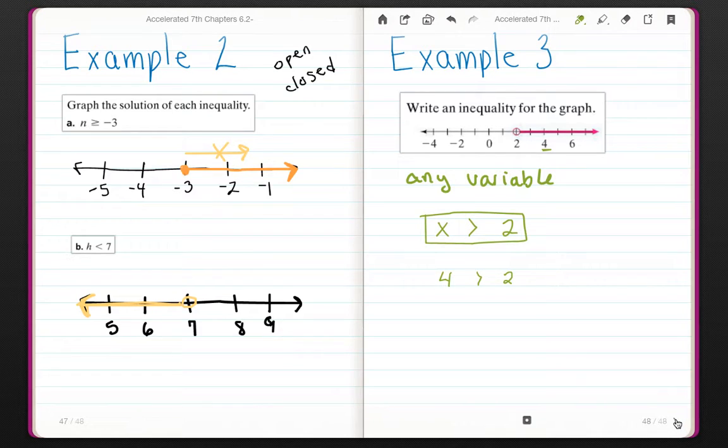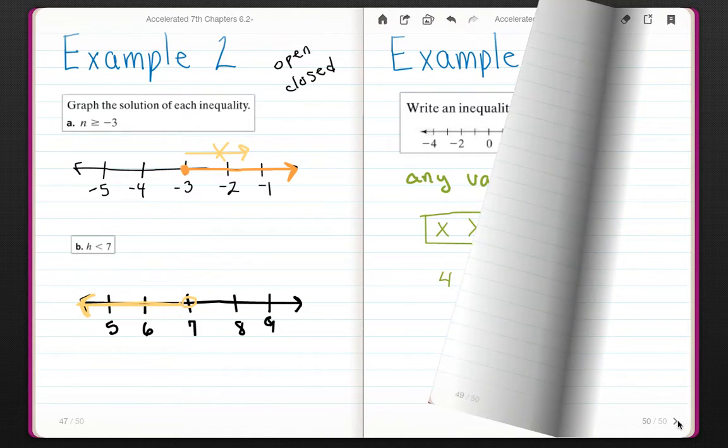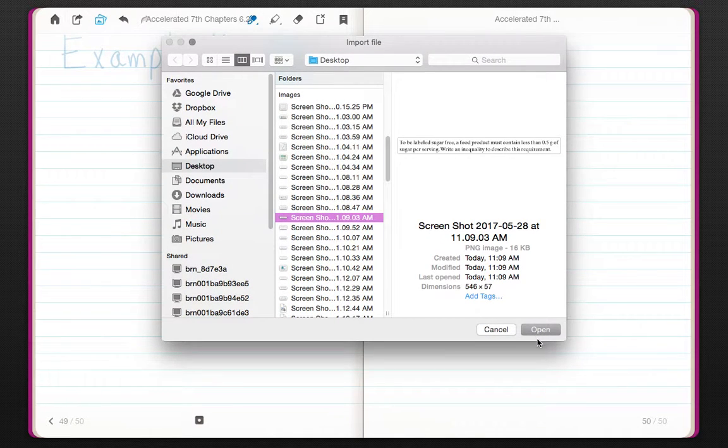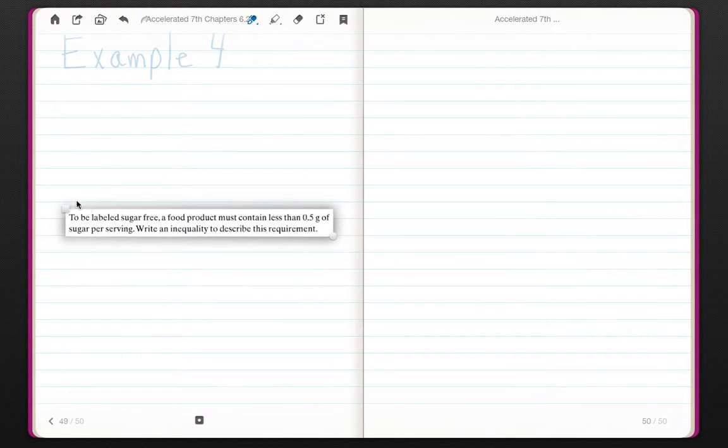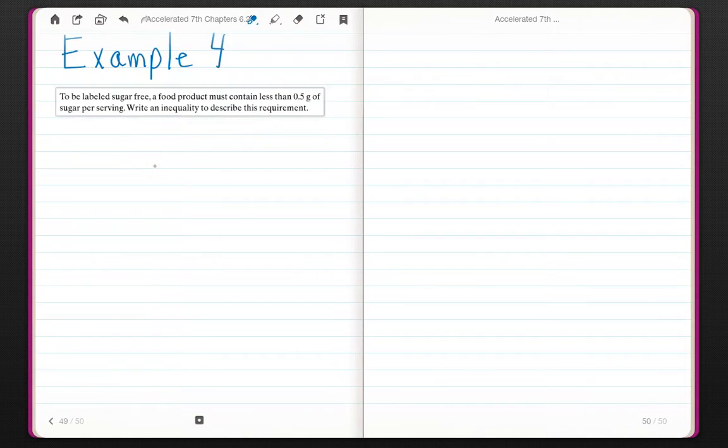I think we actually have another example here. Example 4, which I skipped, so let me make that for us really fast. Example 4. To be labeled sugar-free, a food product must contain less than 0.5 grams of sugar per serving.